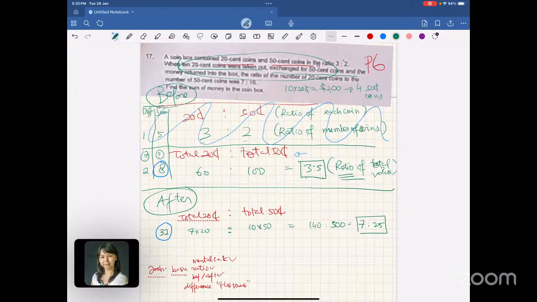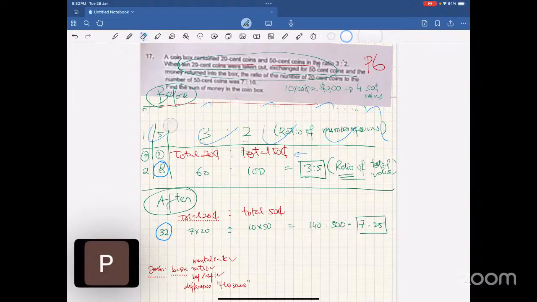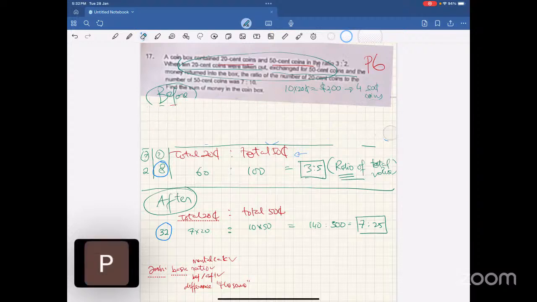Now, I have to erase a few things so that we are not confused. Can I erase this top part? That's just the before. And I'll also erase the difference. I'm only concerned with the sum.